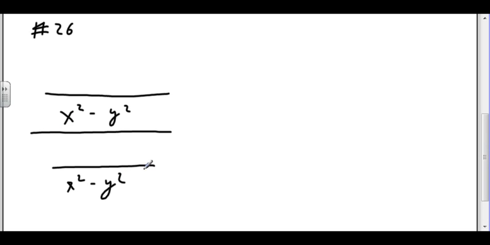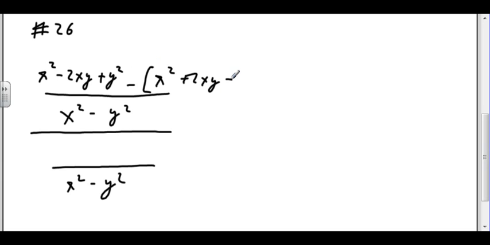Okay, that being the case, on the top we're going to have x squared minus 2xy plus y squared minus the quantity x squared plus 2xy plus y squared.